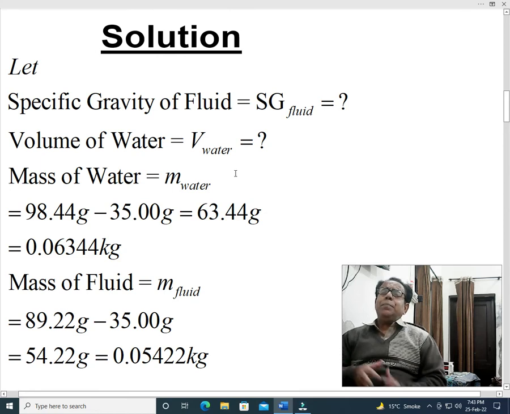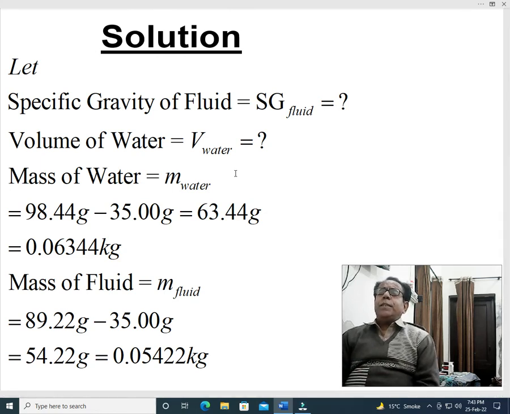First we make some notations in order to make our formula clear. Let the specific gravity of fluid be denoted by capital S, capital G fluid, where fluid is written as a subscript of G. It is to be determined, therefore it is equal to a question mark.